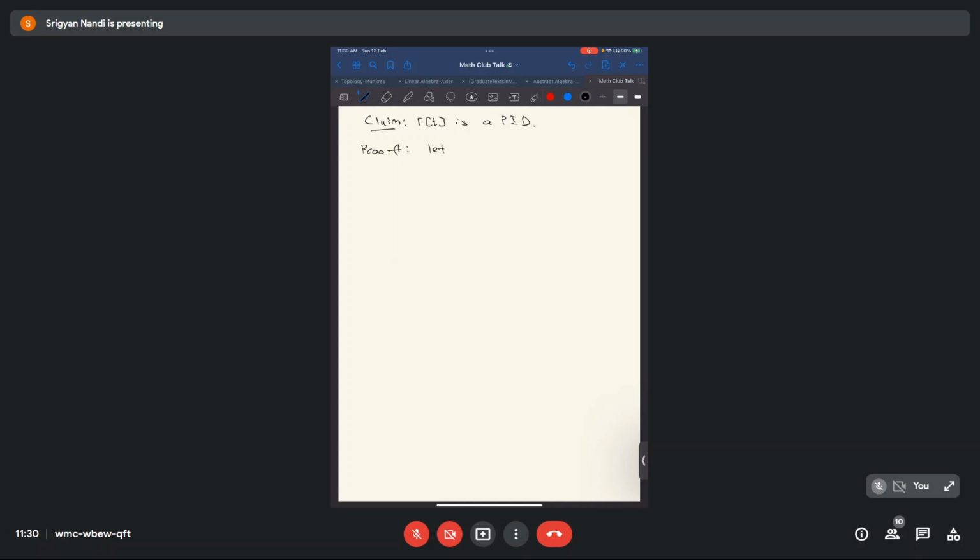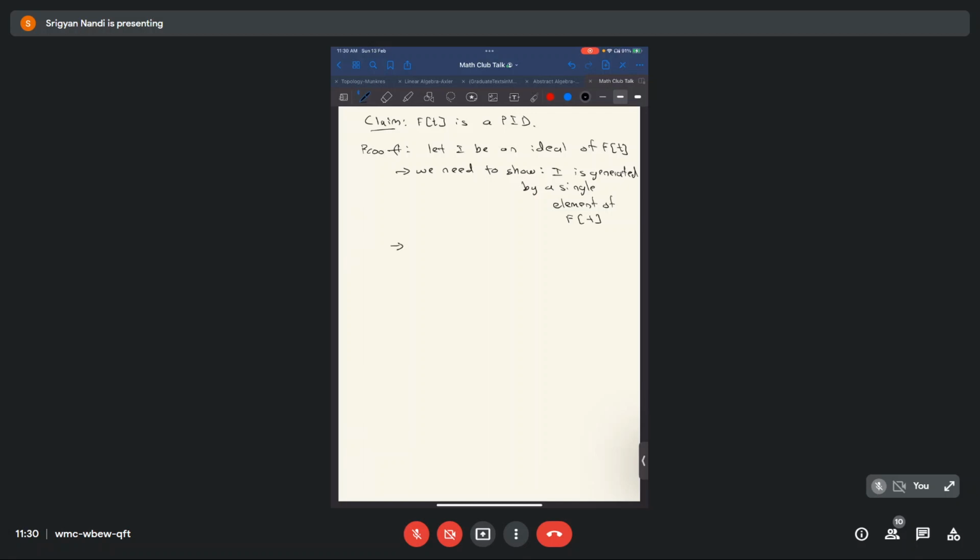So let I be an ideal of F[t]. What we need to do is show that I is generated by a single element of F[t].